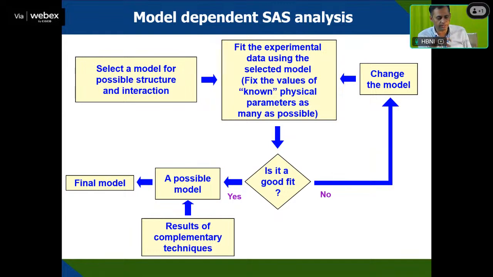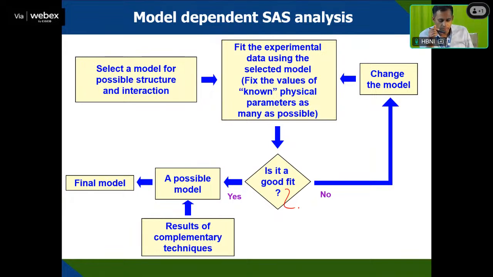So first you have to select a model for the possible structure and interaction, then fit the experimental data using the selected model. You have to fix the values of known physical parameters as many as possible, and then you see whether you have got a good fitting or not. If it is a good fitting, then this could be a possible model.